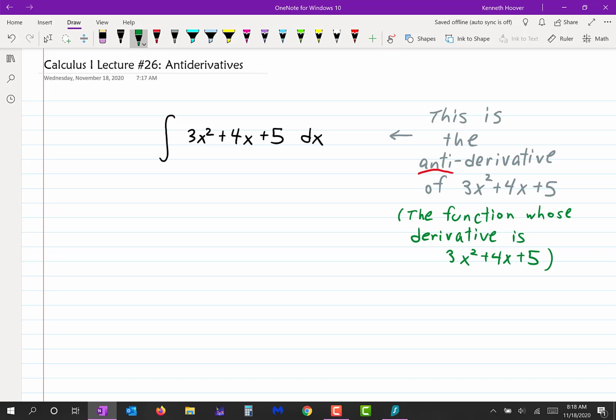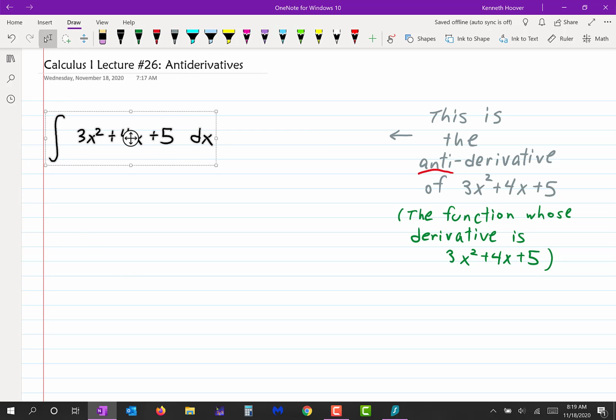So now that we've said what it is, let's see if we can figure out the answer. Let me move this over so we have room. So what should that equal? Let's think about that. What function has a derivative of 3x squared plus 4x plus 5? Well, let's just take it one part at a time. Whose derivative is 3x squared?